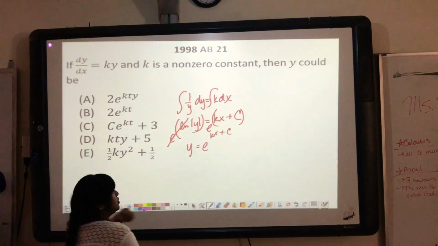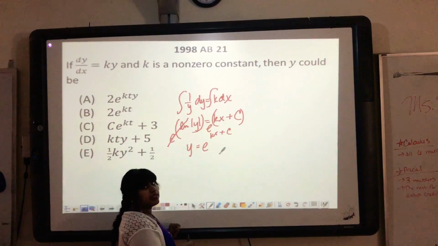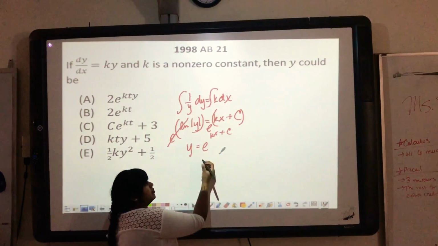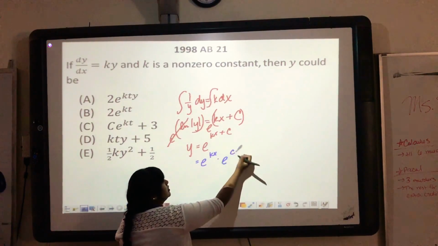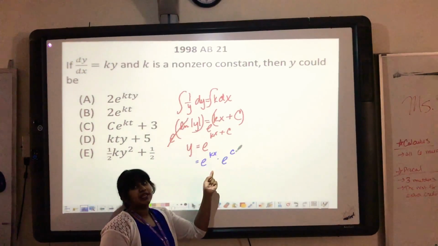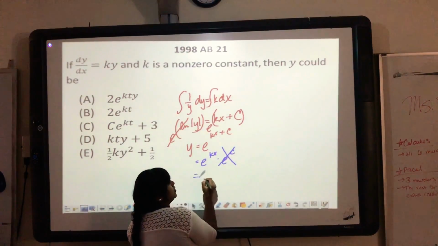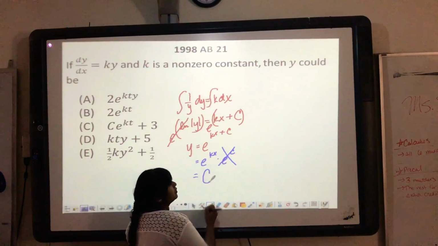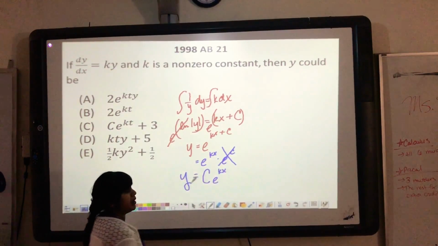Again, I reminded you that this is an exponent property, so if this is plus, that means at some point we multiply them, so this becomes e to the kx times e to the c. Again, e to the c is still a constant value, so y is just equal to some constant times e to the kx.